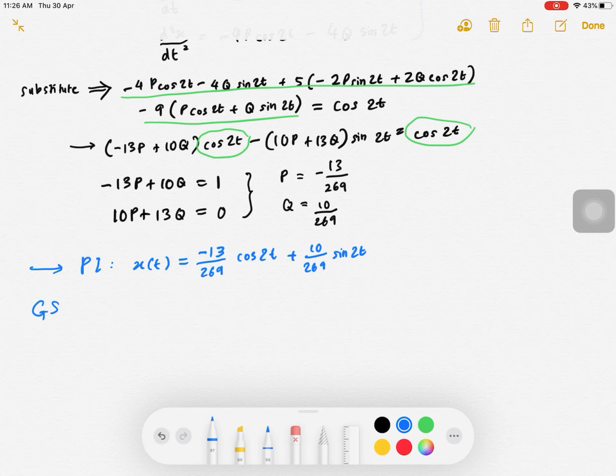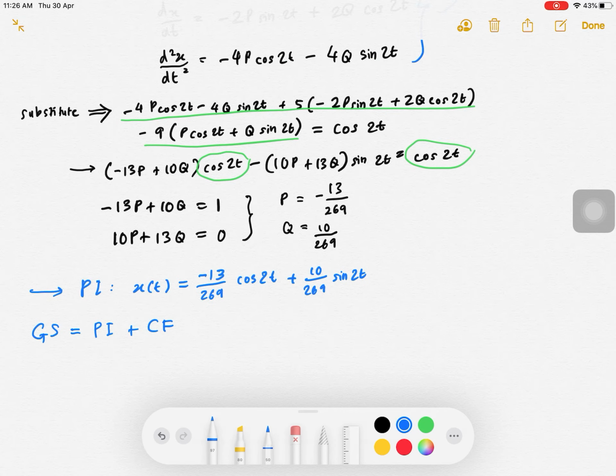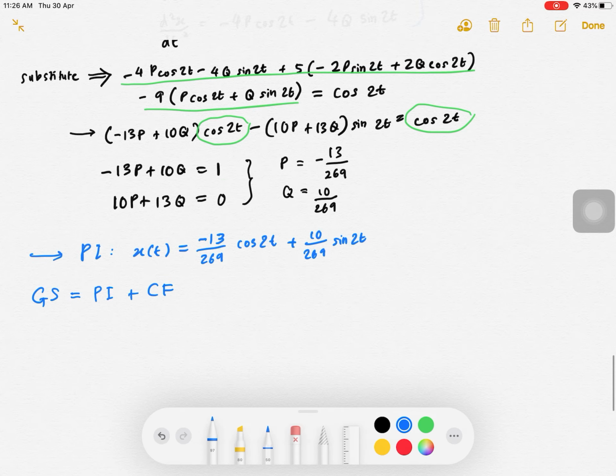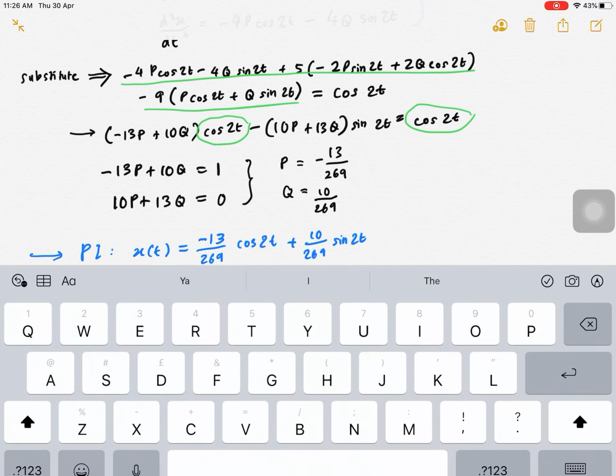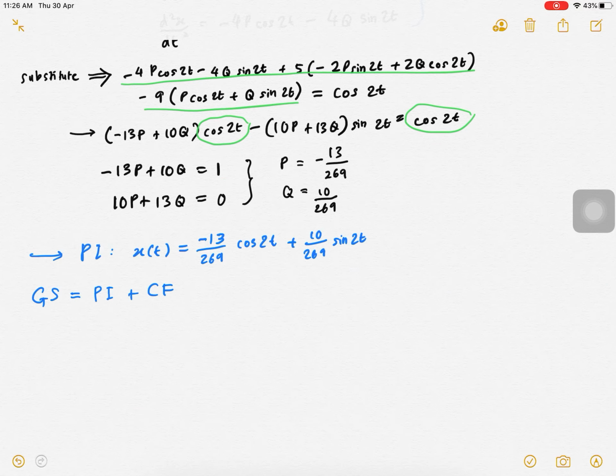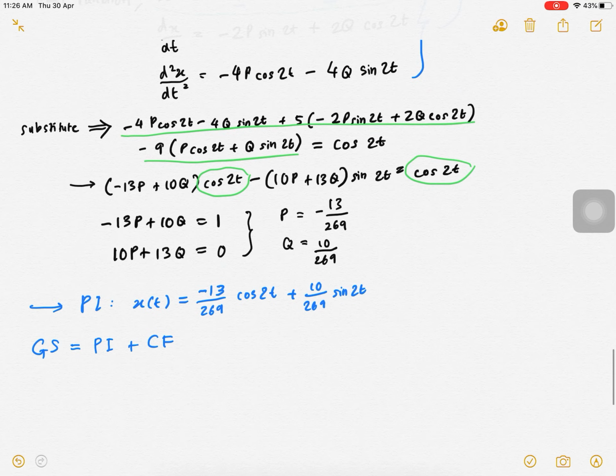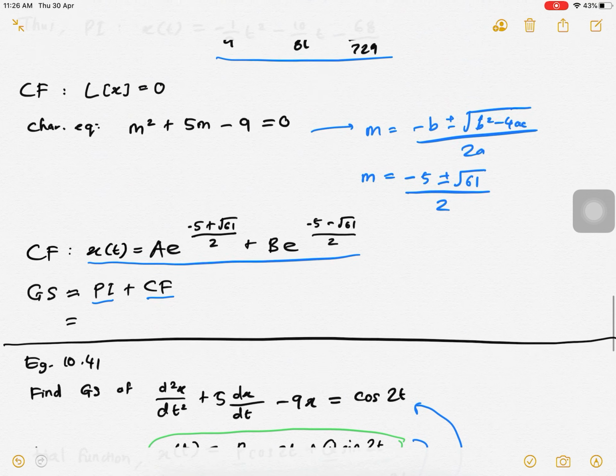So how to find the general solution is by adding the particular integral with the complementary function. Since we have known the complementary function in the previous example, we just add it with this new particular integral.